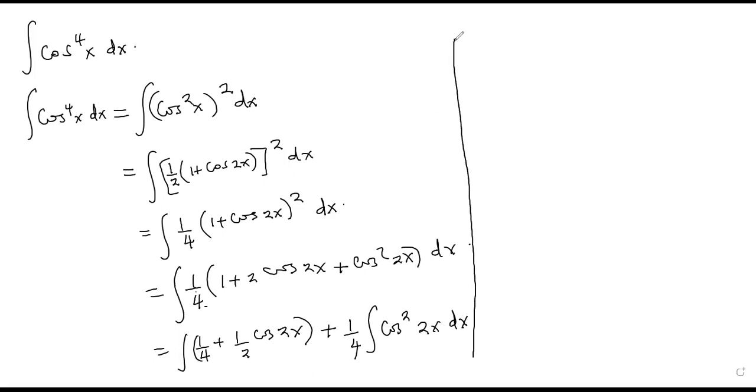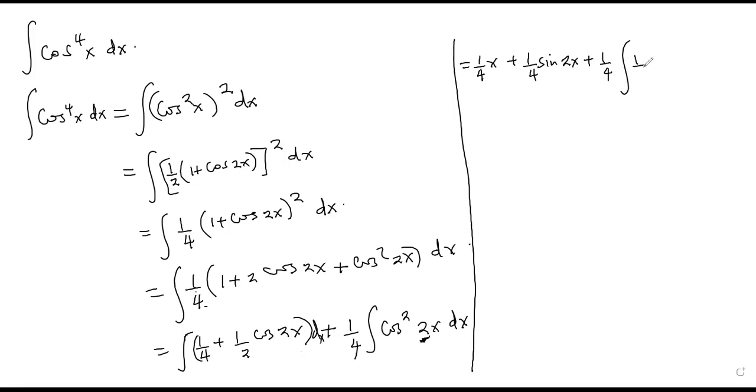So when you integrate here, actually we shall integrate this separately. It is going to be a quarter x plus, this 2 will come down, so it will be a quarter sine 2x, then plus a quarter integral of, now this one is cos squared 2x, so its double angle would be 4x.